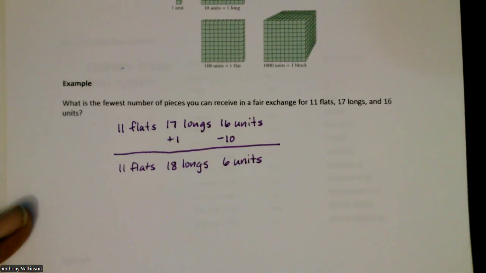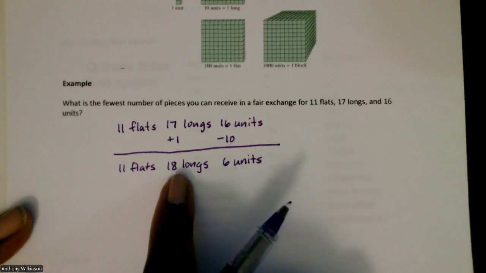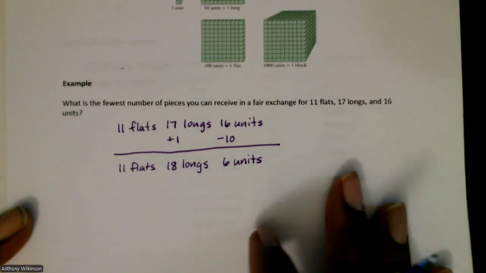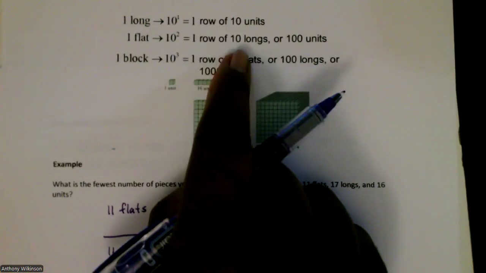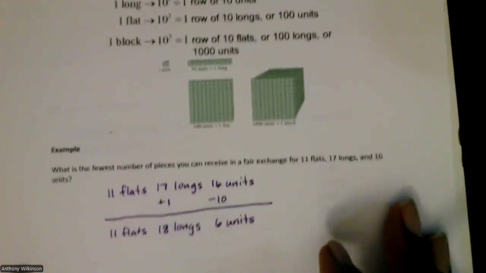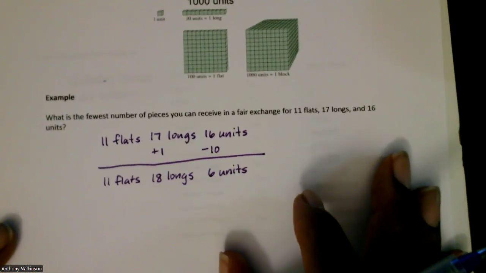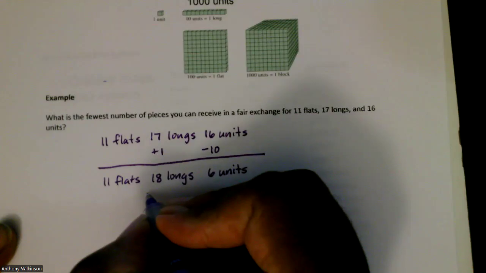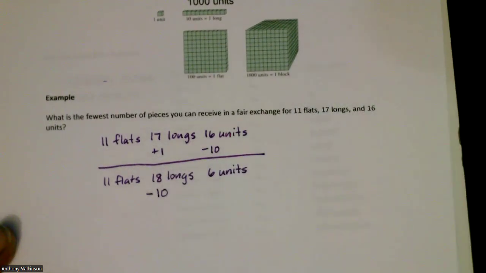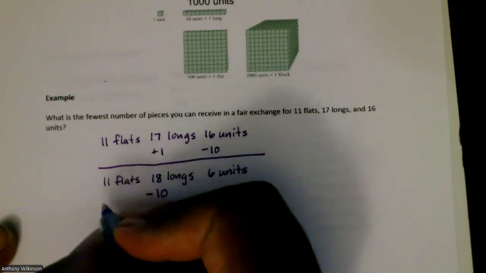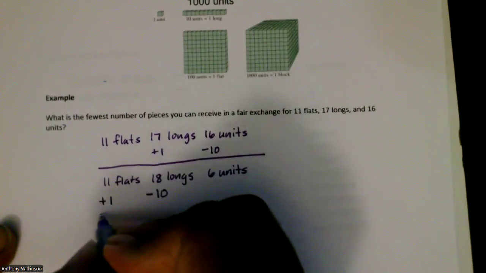Okay? But I also know something else. 10 longs makes up a flat from up here. One row of 10 longs make up one flat. So what I'm going to do here is subtract 10 of these 18 longs in exchange for one flat.